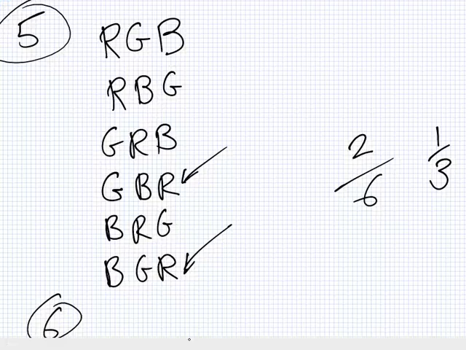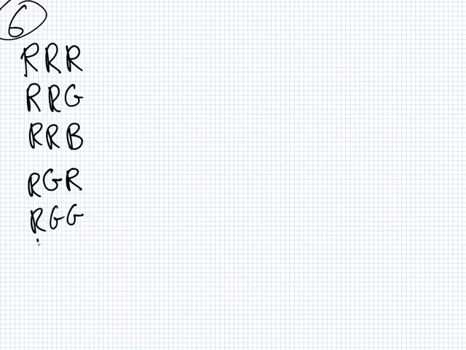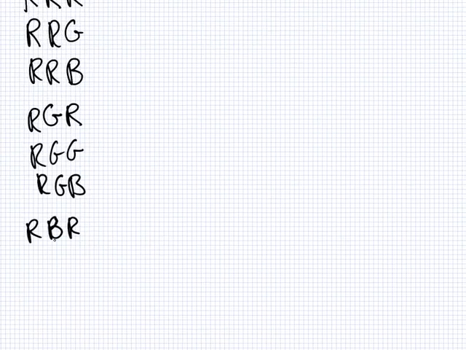Alright, let's have a look. So, now we can replace each time. So, we can have red, red, red, and then red, red, green, red, red, blue, red, green, red, red, green, green, red, green, blue, red, blue, red, blue, green, red.